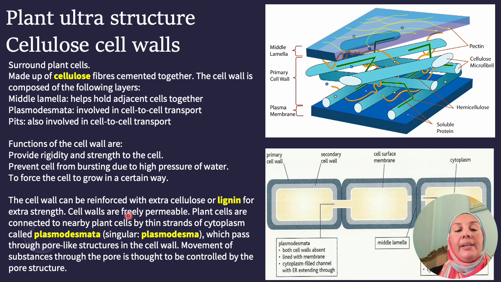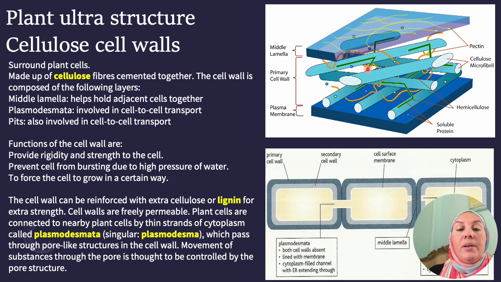Cell walls are freely permeable. That is very difficult to imagine, because you think of walls in our rooms as impermeable. But let us think of cellulose fibers. Actually, here they look like bars, as if you have a container made of bars of maybe a certain metal, maybe iron bars.